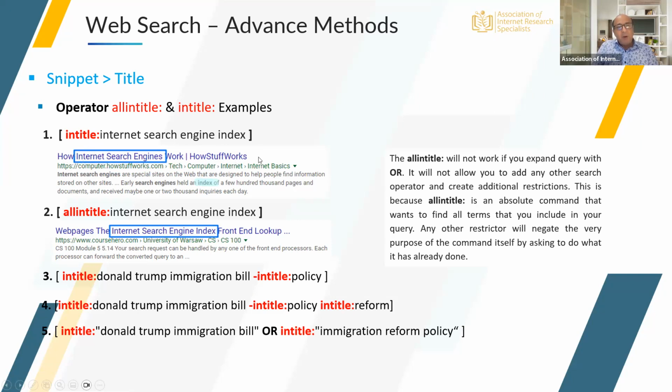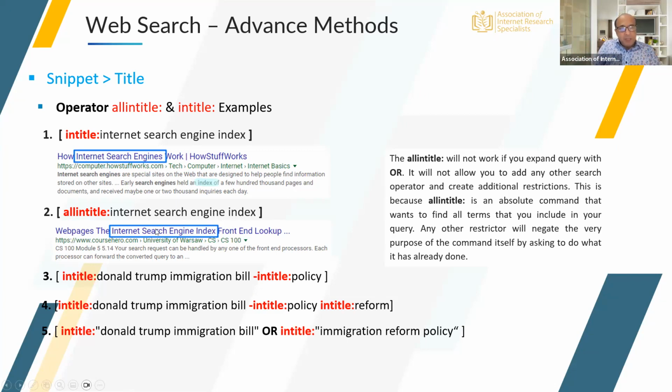However, if I have to find all 4 words to be necessarily present in the title statement, I would use all in title, and I would write internet search engine index the same way, except that with all in title, or adding all, I got a result that had all 4 words in the title statement. But let me also tell you a subtle difference in how the command will work. One is that when you use all in title, all 4 of these words are found, no doubt.